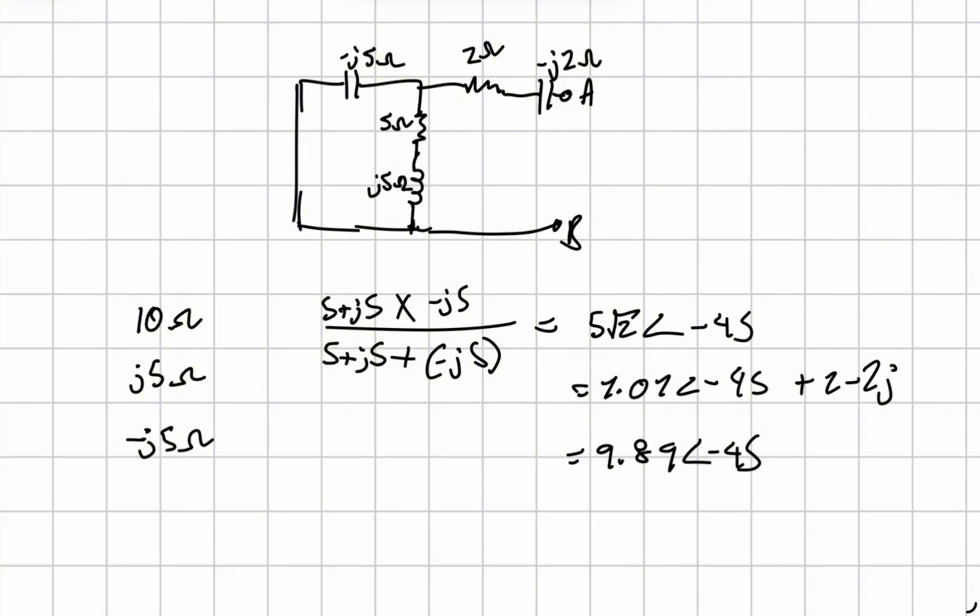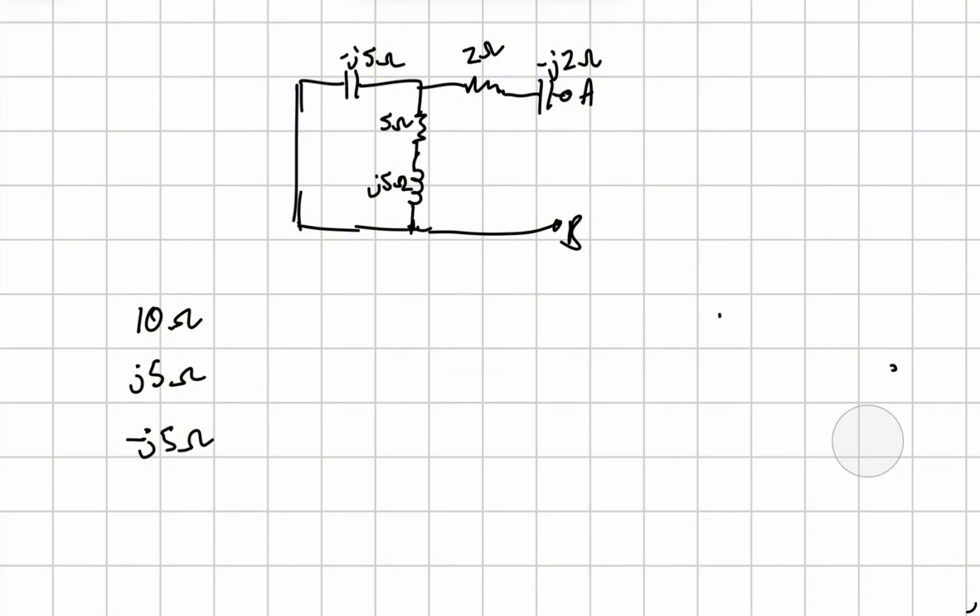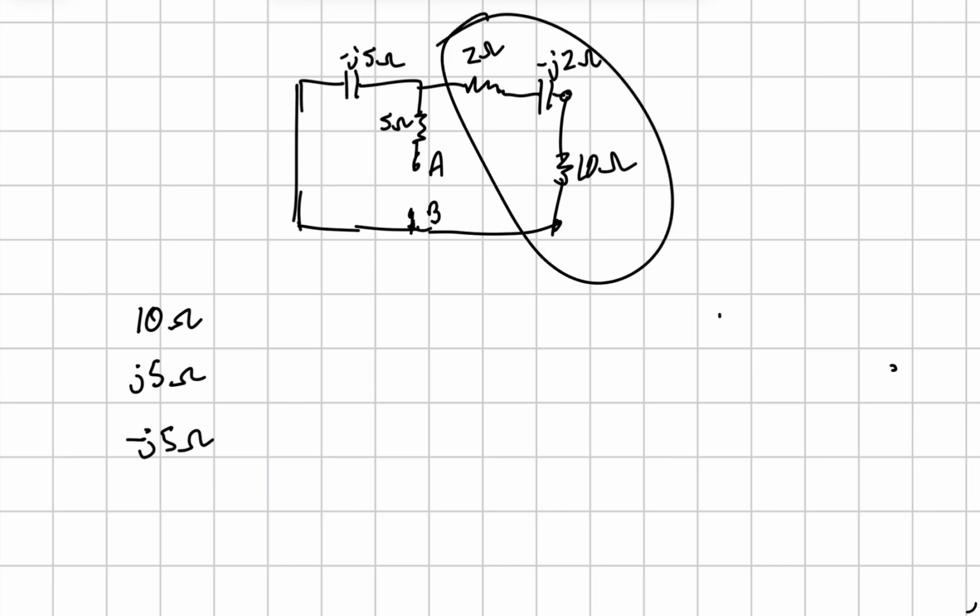Now, let's try it for the other one. So put back our 10 ohms, and it's J5 this time. So open that, make that our A and B node, just like that, and there you go. So this bit can just be all collected.